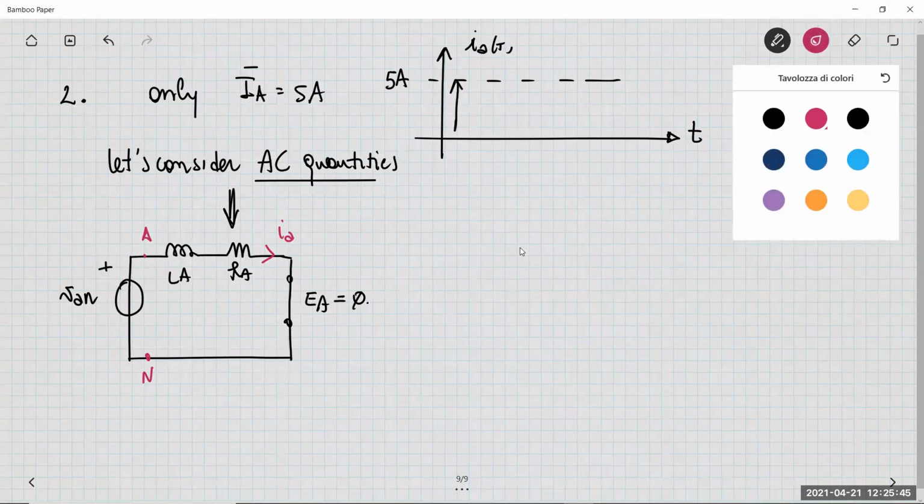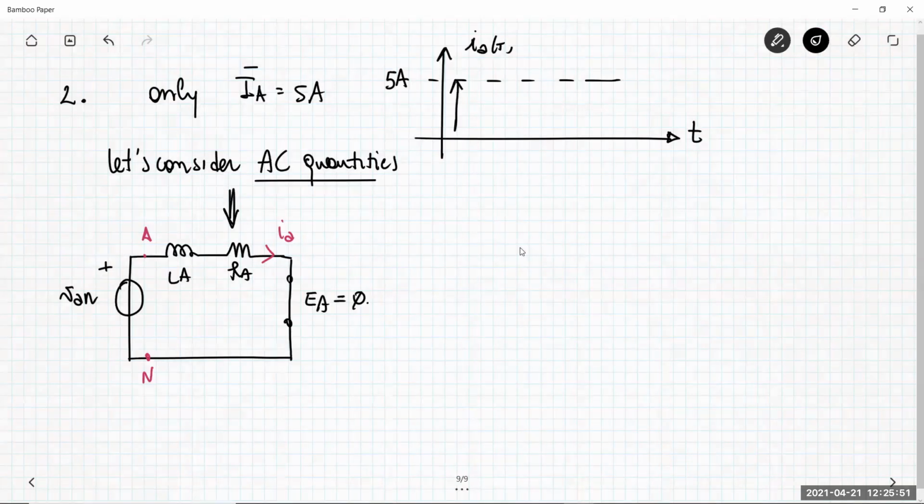Just to simplify this analysis a little bit, okay? The analysis can be performed with exactly the circuit in which you have VAN, LA, RA. But just to consider a first order approximation, let's compare the impedance at the switching frequency, which is 20 kilohertz.